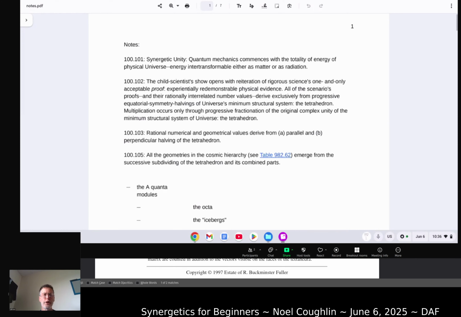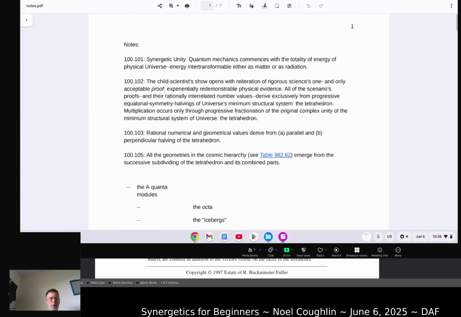So all of the scenarios' proofs and their rationally interrelated number values derive exclusively from progressive equatorial symmetry halvings of universe's minimum structural system, the tetrahedron. Multiplication only occurs through progressive fractionation of the original complex unity of the minimum structural system of universe, the tetrahedron.